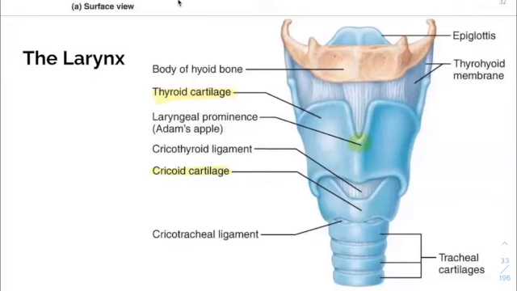Then we have tracheal cartilages in rings going all the way down the trachea. We have ligaments that connect that hyoid bone to the thyroid cartilage, the thyroid cartilage to the cricoid cartilage, and the cricoid cartilage to the tracheal cartilage. So there's stuff that connects everything to each other to help protect everything under there.